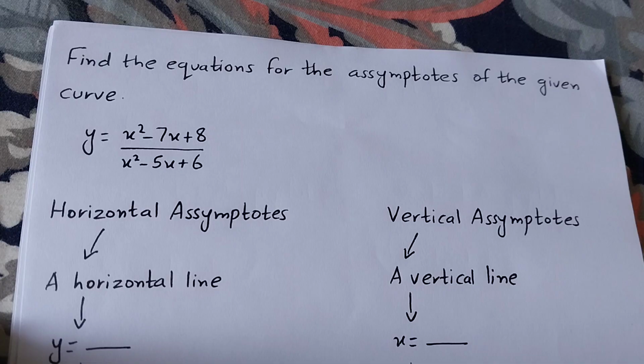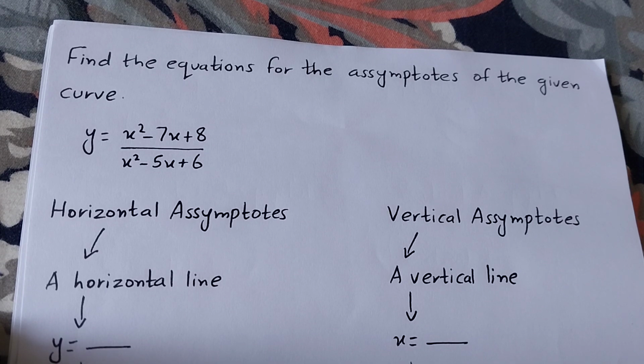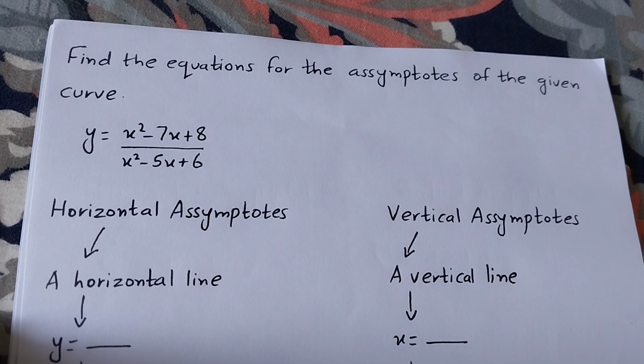They will be vertical lines, and we know that when we write equations of vertical lines, they are written in terms of x, meaning that the equations of vertical lines are x is equal to something. X is equal to 2, 3, minus 2, minus 5, etc.